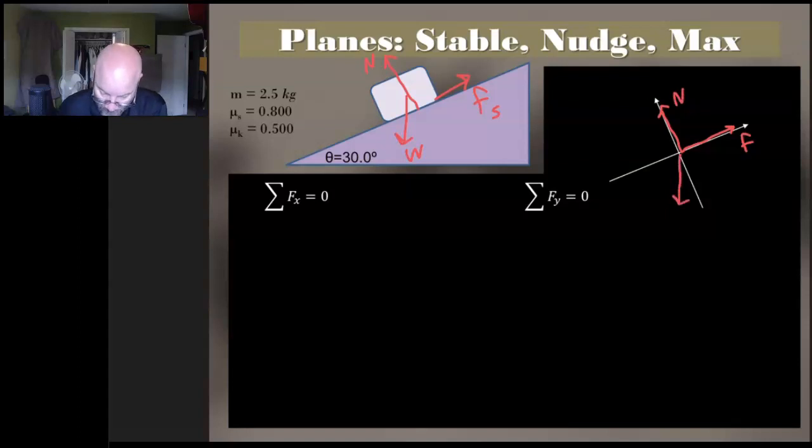So that's the weight, and that means we could call this component, this is the y component, but I like to call it the perpendicular component. And then here's the x component, which I like to call the parallel component, just like that.